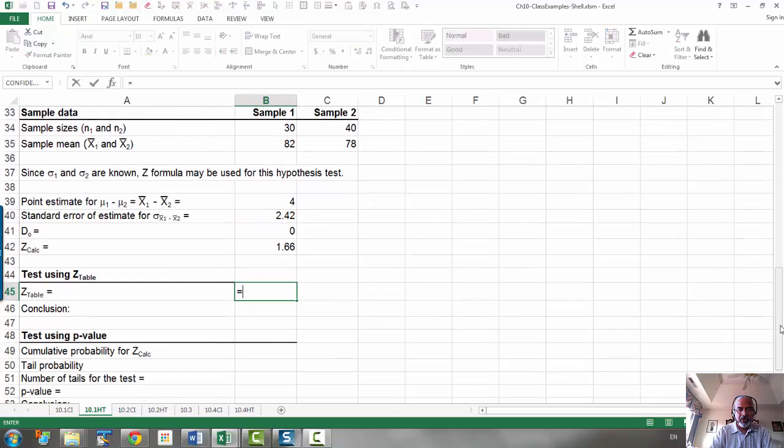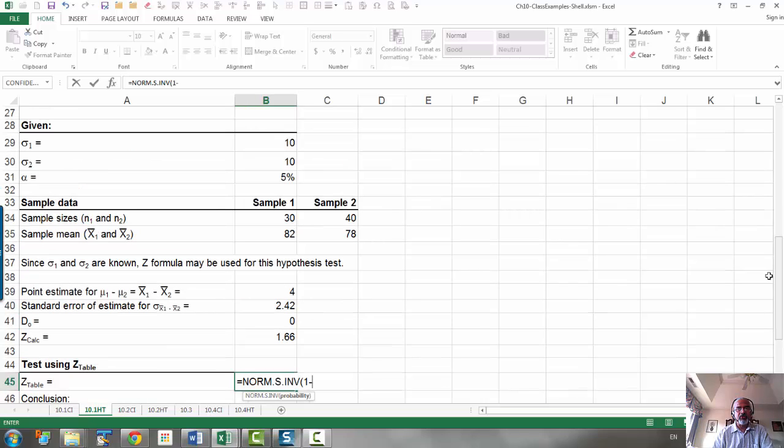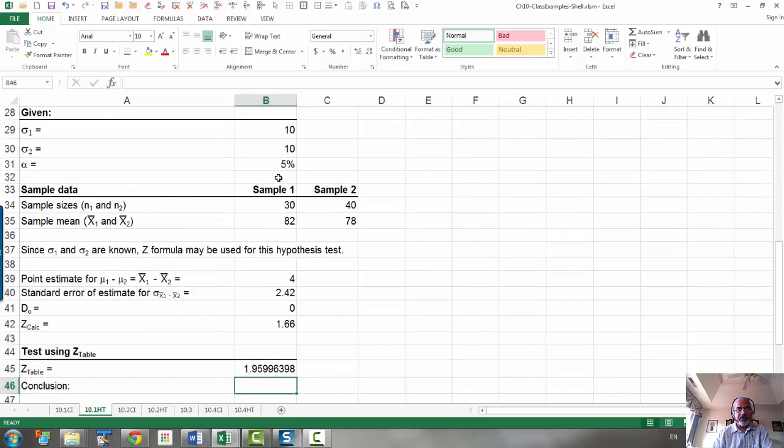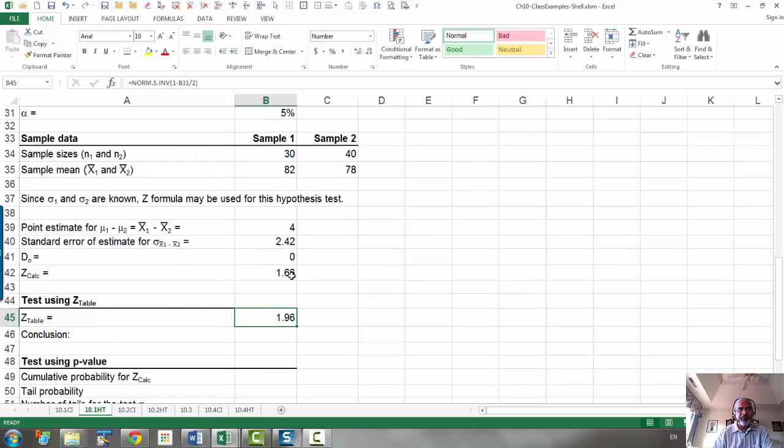So we use NORM.S.INV, and we want the positive side, so we do 1 minus alpha over 2. This gives us the z table value, and we compare it with the absolute value of z calc.